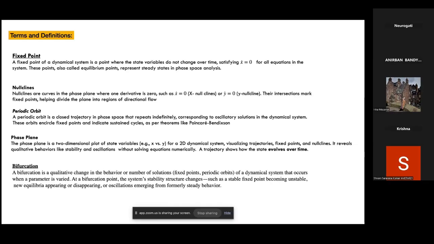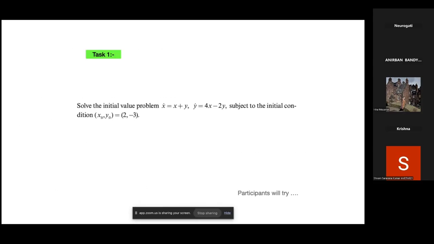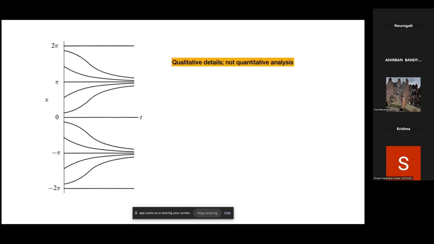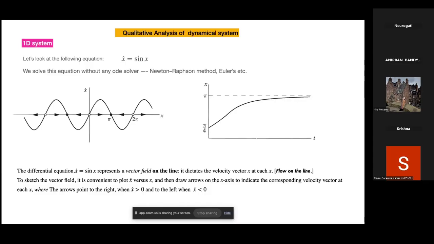A fixed point in a dynamical system is where the state variable doesn't change over time, or x dot is equal to 0. You see in my first slide, in x dot is equal to sin x, at pi, 2 pi, the value of sin x is 0, right? Sin pi, sin 2 pi. So these are the fixed points.